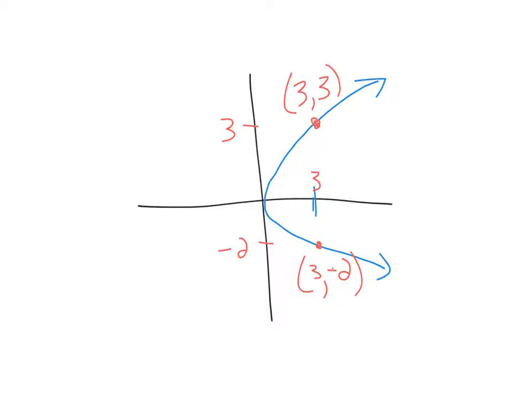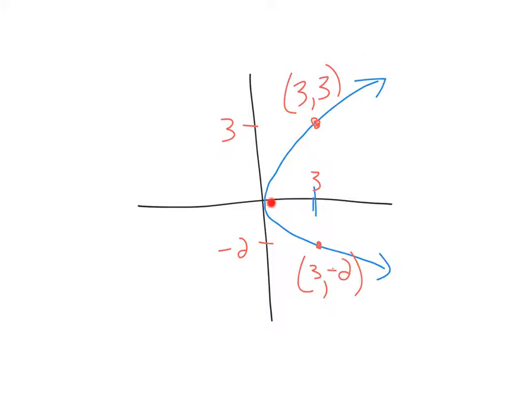So this equation represents a relation because we have x coordinates or inputs being assigned to outputs. So looking at this, notice how when 3 is the input, 3 is being assigned to 3 as an output, but 3 is also being assigned to -2 as an output.